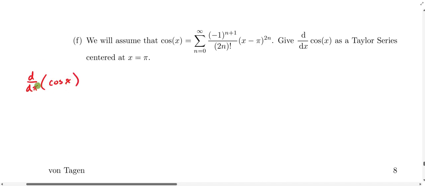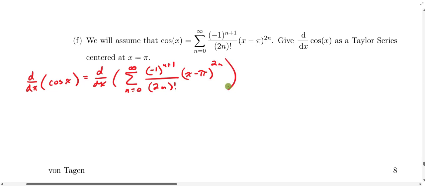Now I know everyone knows how to differentiate the cosine of x, but what I'd like to do is differentiate its Taylor series centered at x equals pi. As you remember, I said that we could think of a Taylor series as sort of like an infinitely long polynomial. And in that sense, the rules of differentiation and integration fit with how you differentiate and integrate polynomial terms.